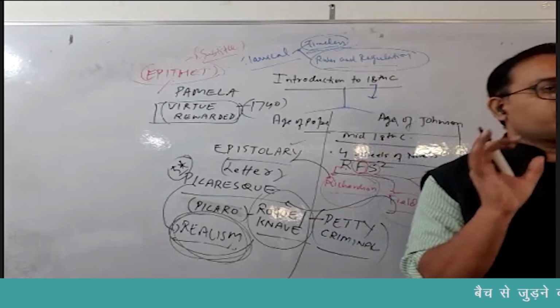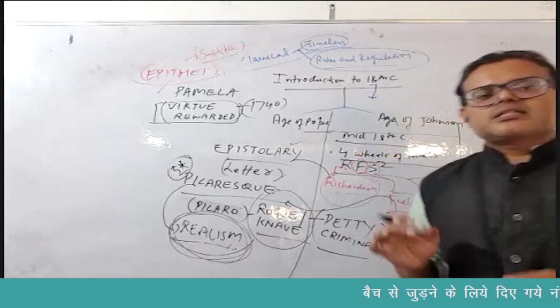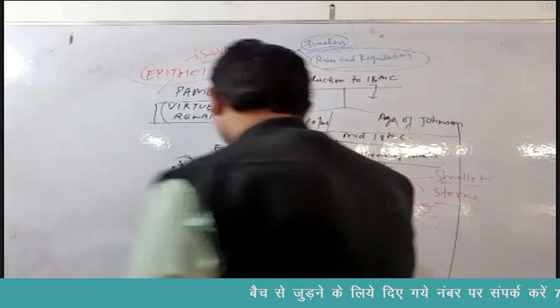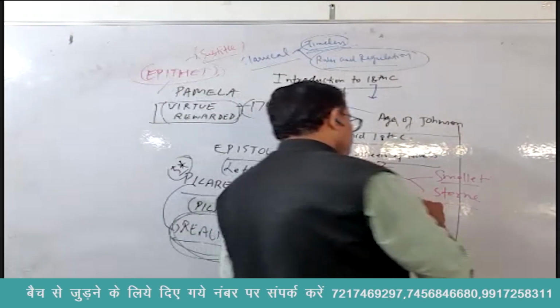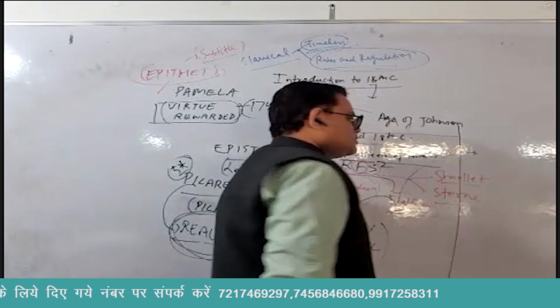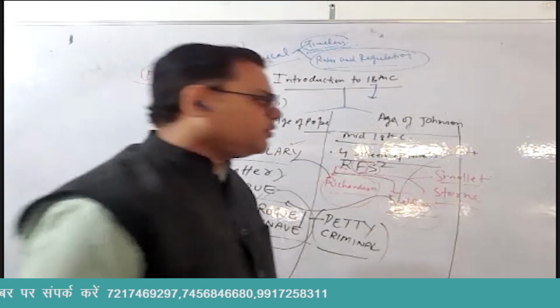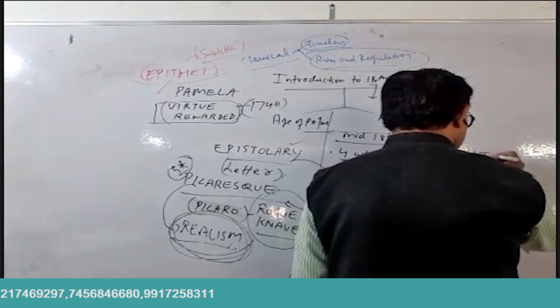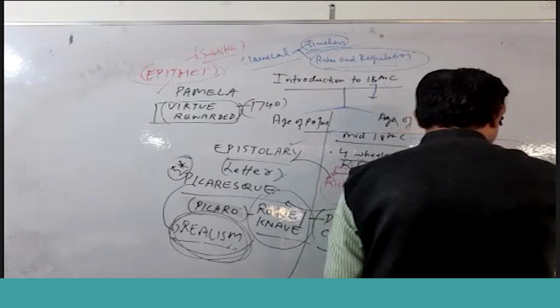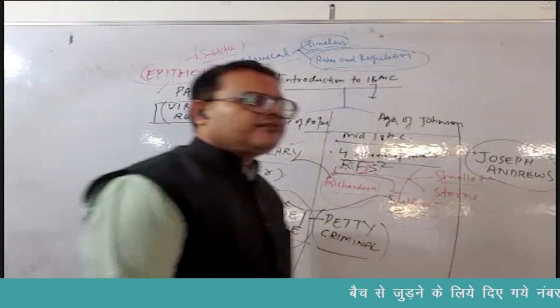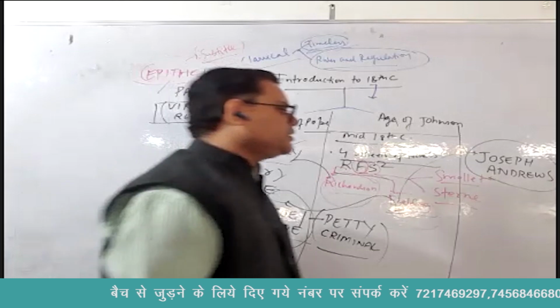It's a very important term that Fielding gave in his first novel. Now let me bring the first novel of Henry Fielding into the class. And what was that? Joseph Andrews. The name of the first novel of Henry Fielding was, put it in capital, highlight, Joseph Andrews. Okay, this was a very important development again, 1742.